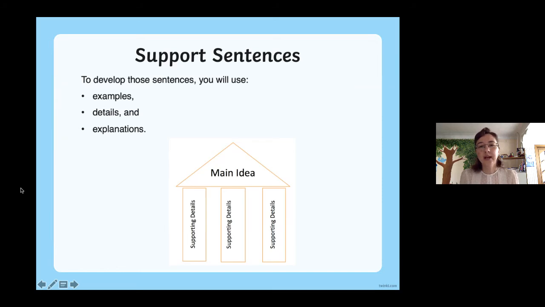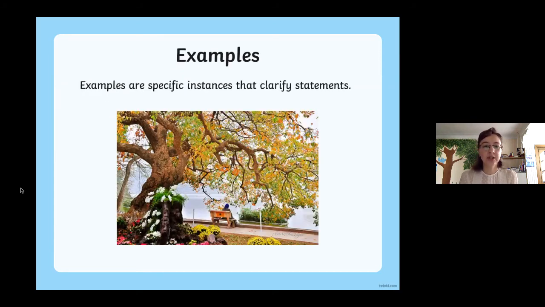So after writing your topic sentence, it's now time to have support sentences to develop your paragraph. And support sentences usually consist of examples, details, and explanations. Let's look at them one by one more closely. Examples are specific instances that clarify statements.